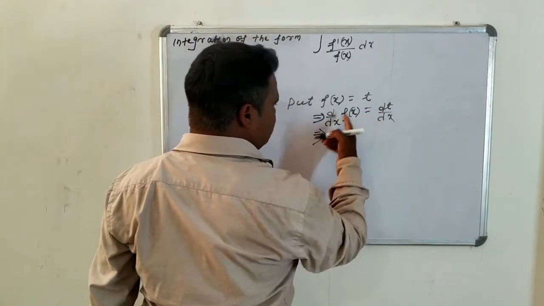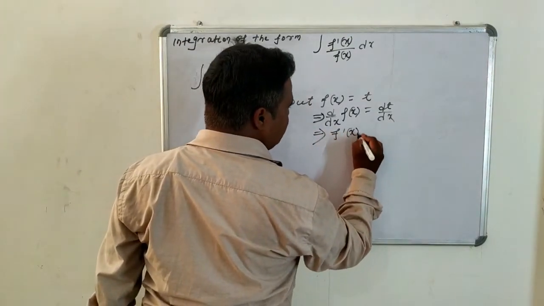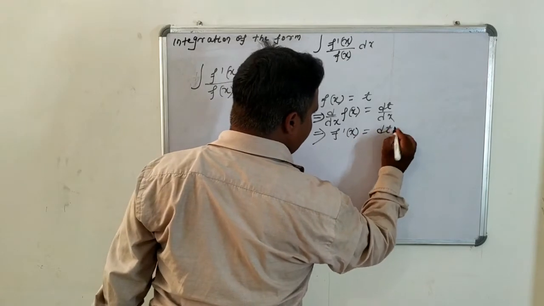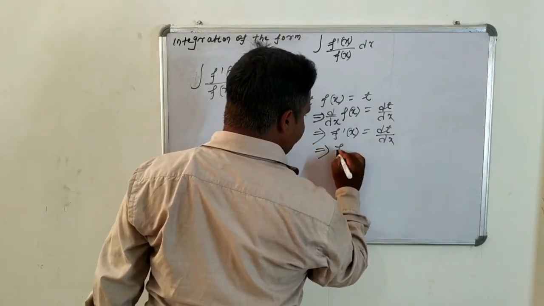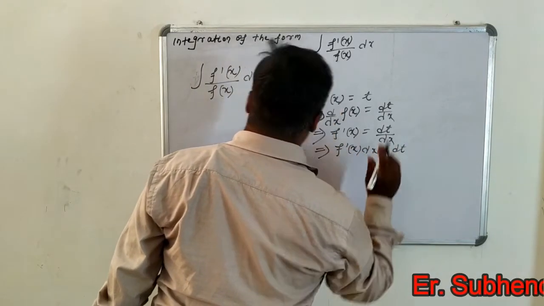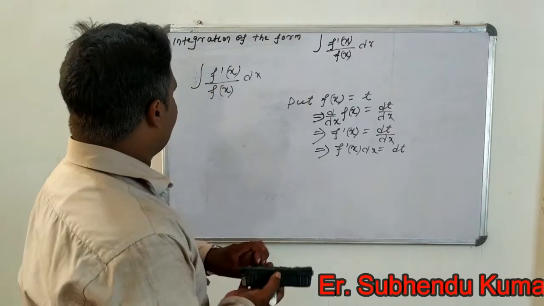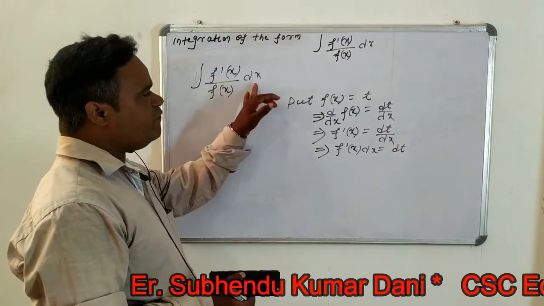This implies the derivative of f(x), which is f'(x), equals dt/dx, so f'(x) dx equals dt, for the integral of f'(x) divided by f(x) dx.